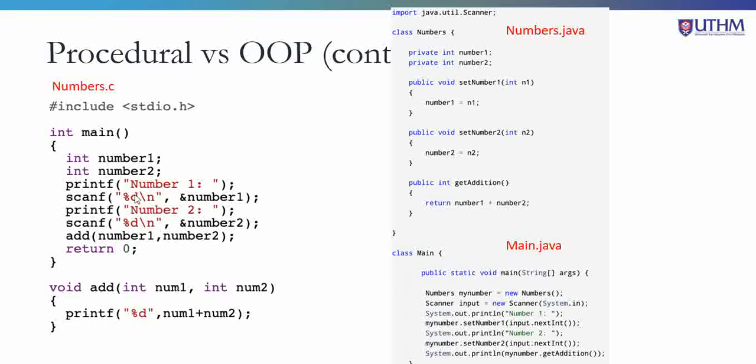Why I said it is separate? Because this function is located outside of the main, and then there is no class. Okay, no class inside procedural. Okay, so whereas in OOP, these are the data.